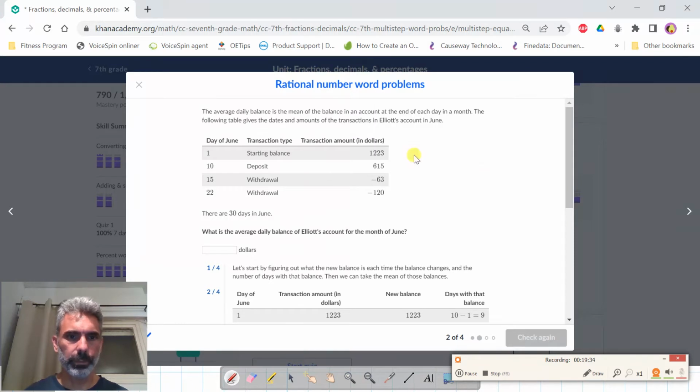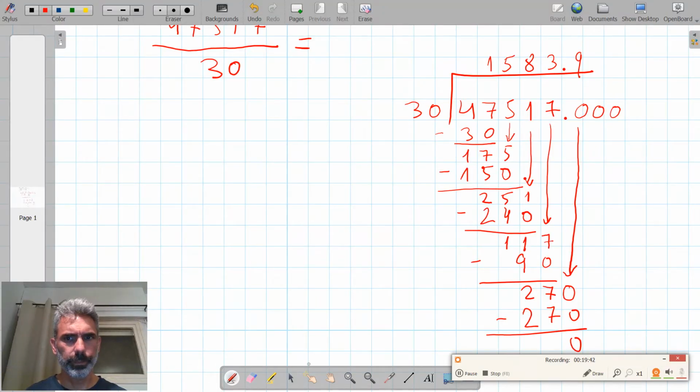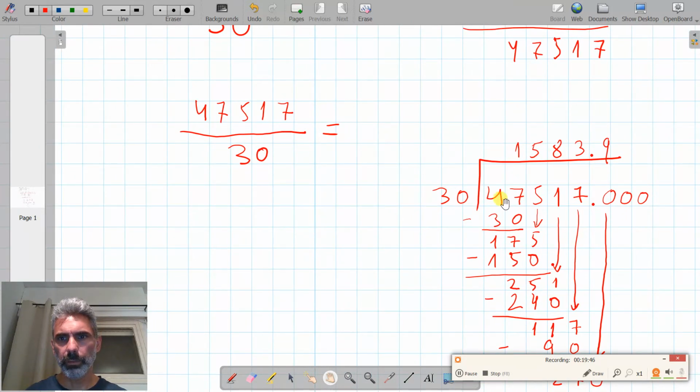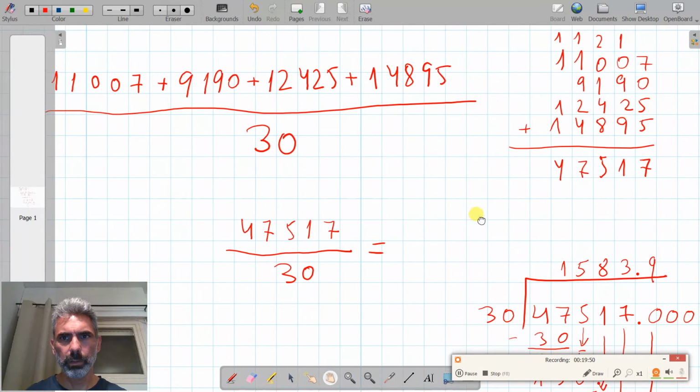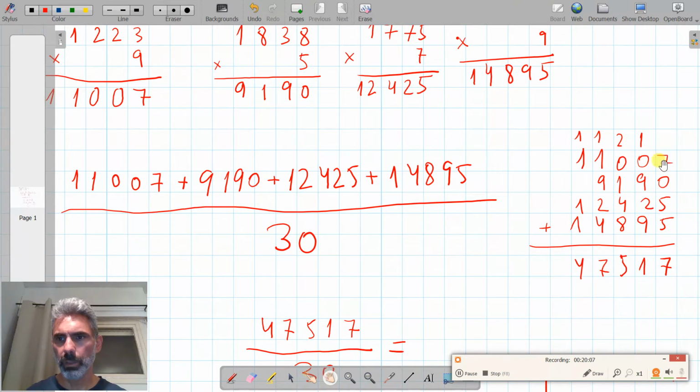Let's multiply it. 47,517. 11,000, 9,190, 12,000, 425, 14,25, 17, 10. 10 plus 2 is 12, 12 plus 9 is 21, 3, 4, 7, 7, 8, 15, 9, 11, 13, 17, 4.